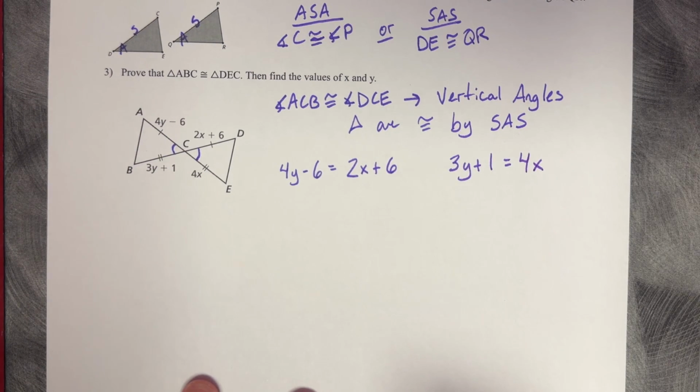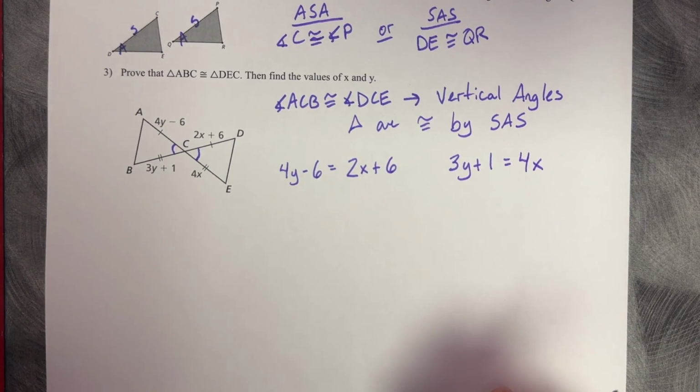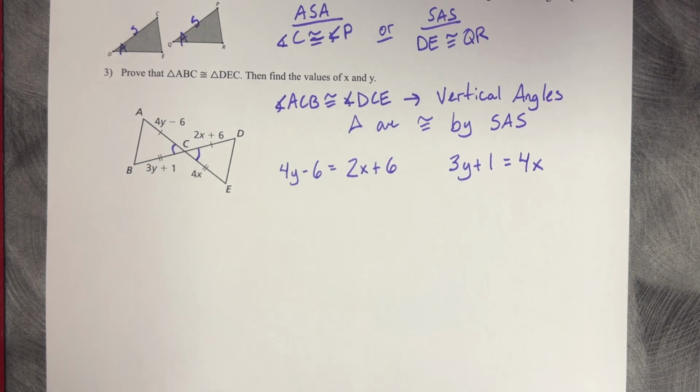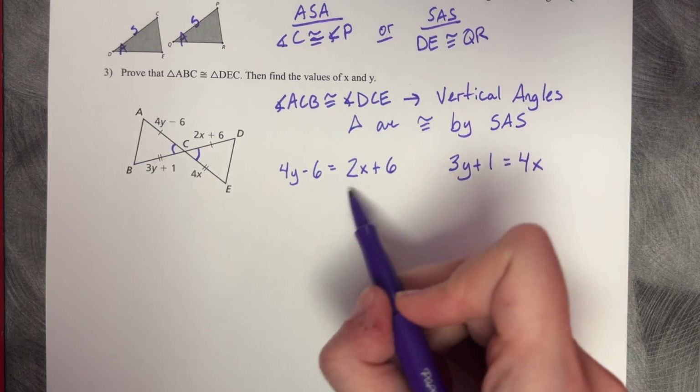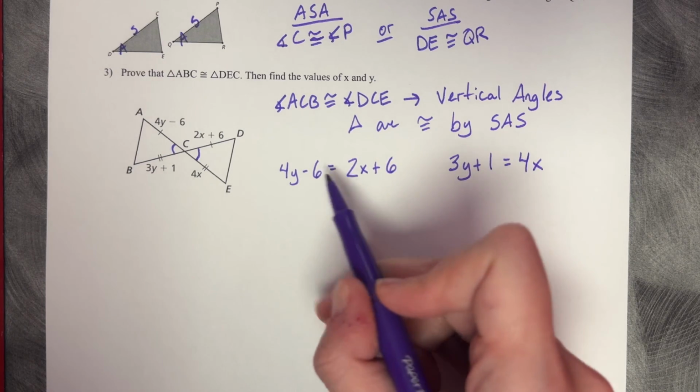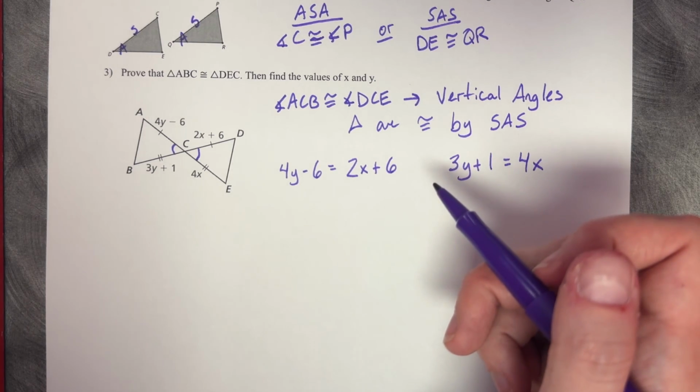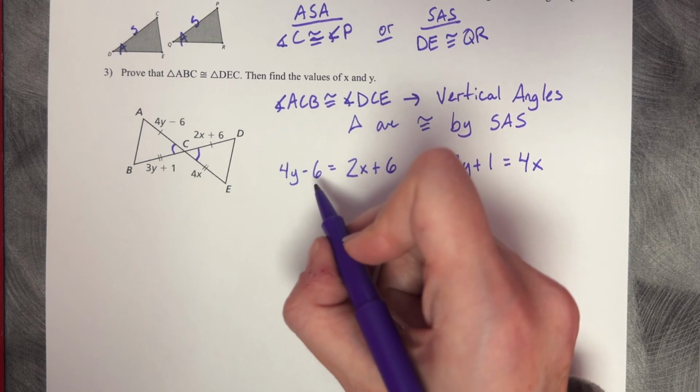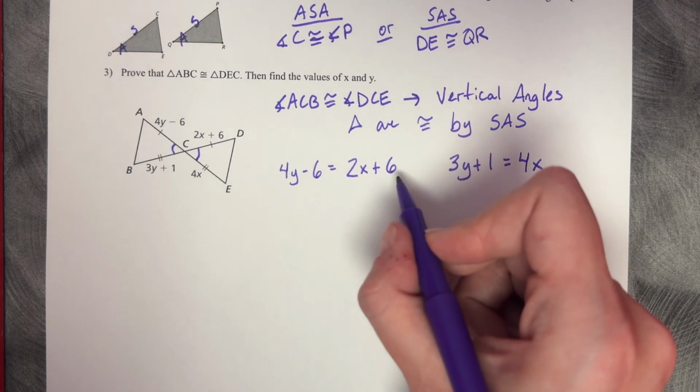Now I have two variables and two equations, which means we need to use a system of equations in order to solve this. And the way that I'm going to set this up to solve it is to use elimination. So that means my x's and y's need to be on the same side and my constants need to be on the other side. So first thing I'm going to do is try to get my 6 to join my other 6.